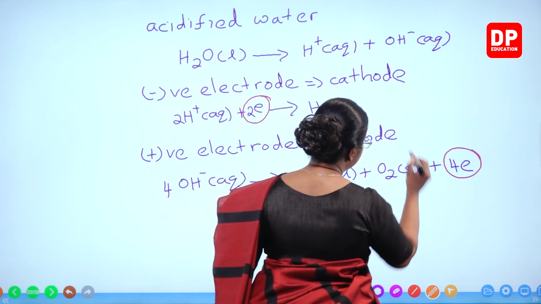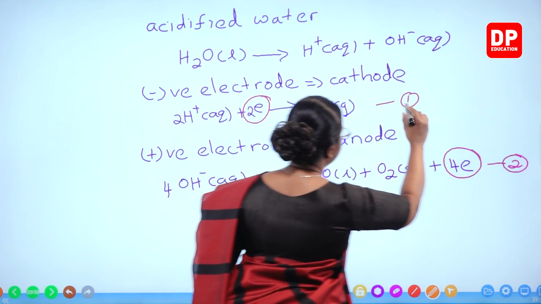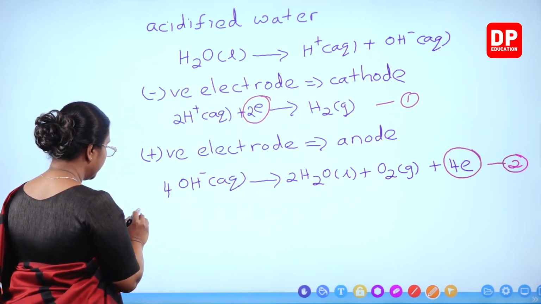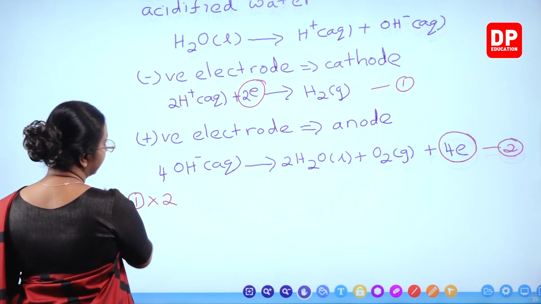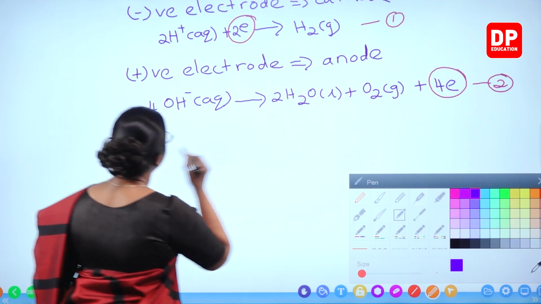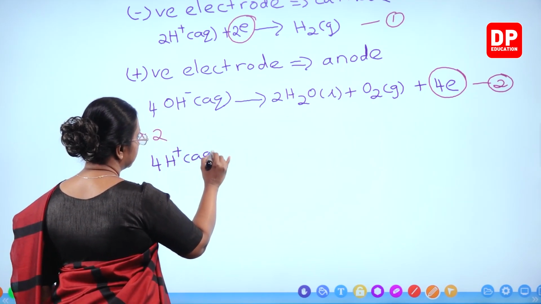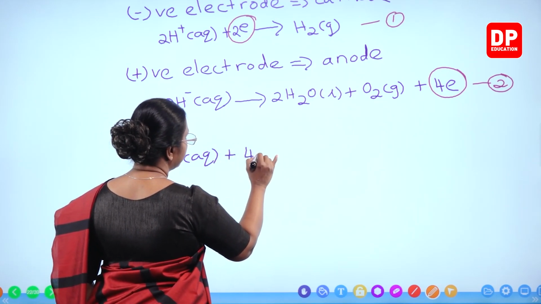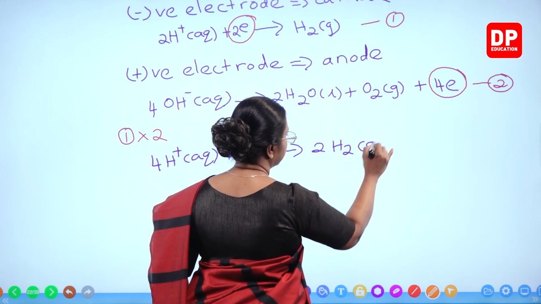So if we label these as equations 1 and 2, we need to multiply equation 1 by 2. Then you will get the equation 4H plus aqueous plus 4 electrons gives rise to 2H2 gas.